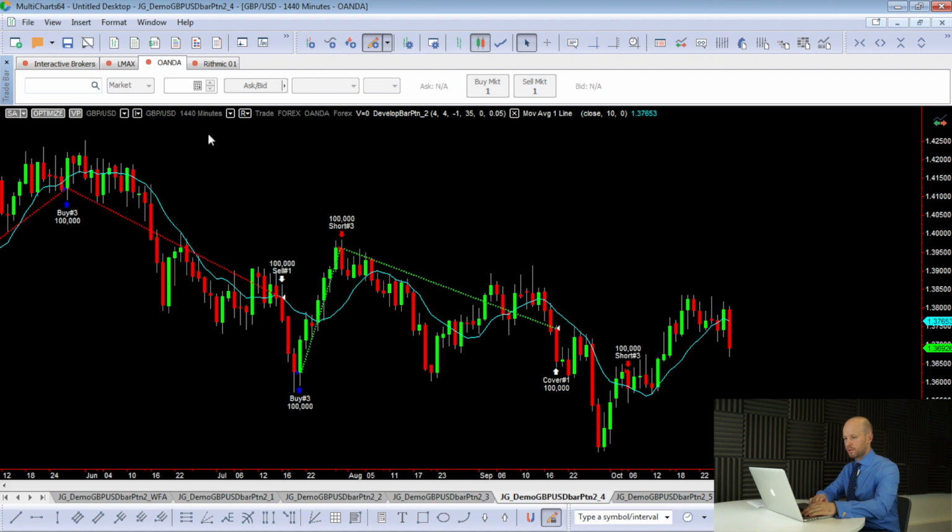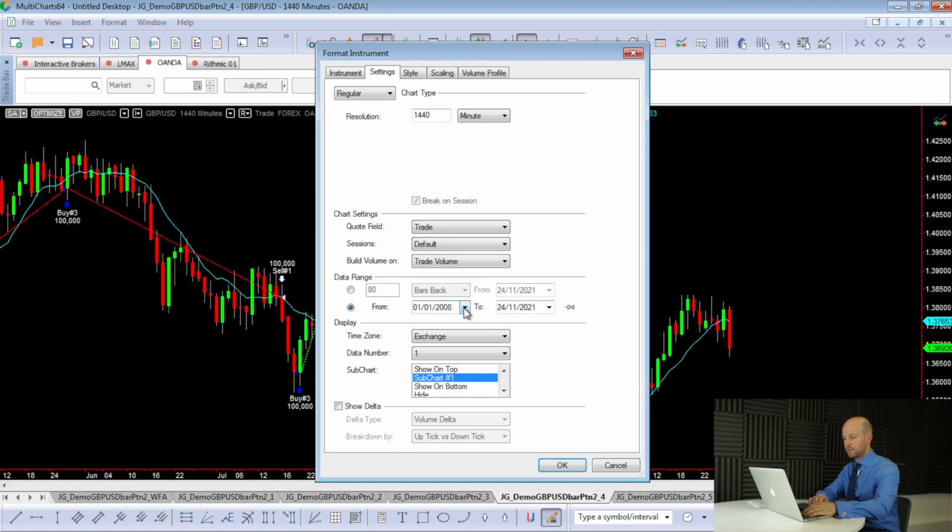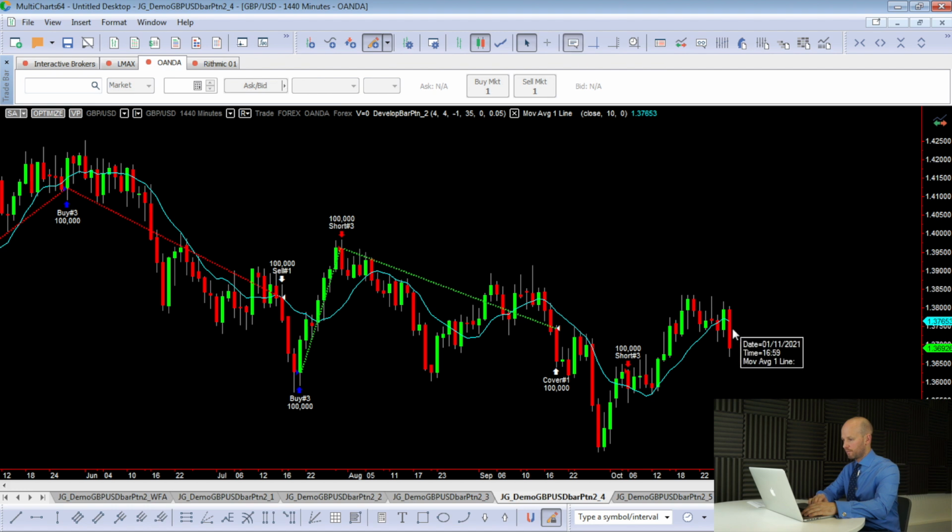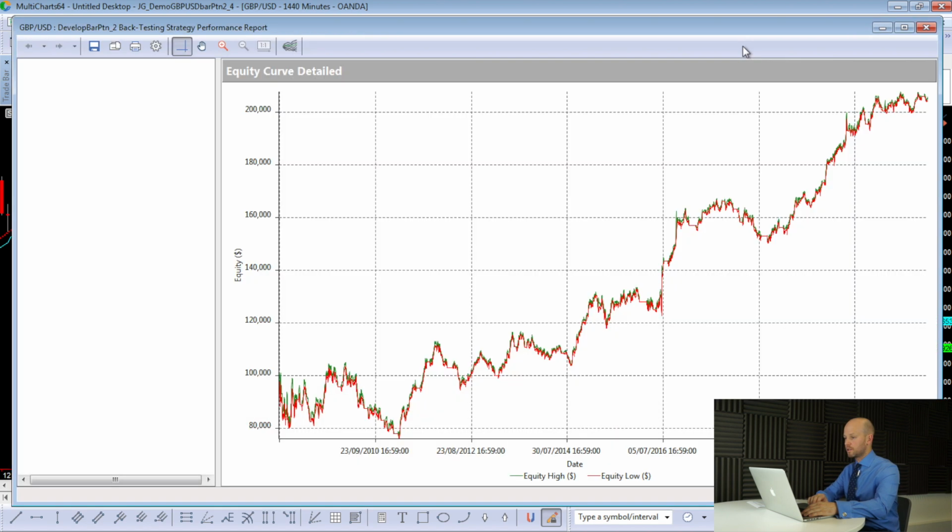Now, this next workspace is using the 500 pip stop loss, but this is using data from 2008 right the way through to the end of October 2021. I'll just show you that. The last bar here is the 29th of October 2021. So now we can look at the out of sample data from the beginning of 2019 through to the 29th of October 2021.